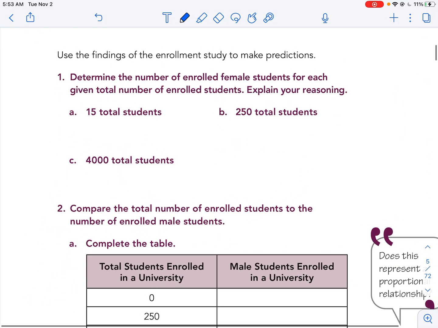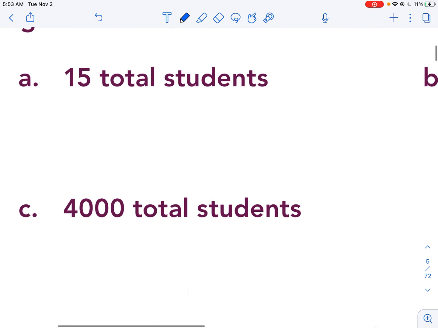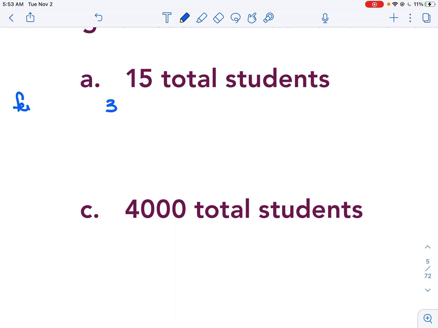So, determine the number of female students to the total number. So didn't we talk about that was 3 to 5? So now we're going to set up a proportion. Okay, so if I have 3 female, I'm going to actually write this off to the side. Female to total. If I have 3 female out of 5 total, and I want to know the number of females when the total is 15, I need to set up this proportion.